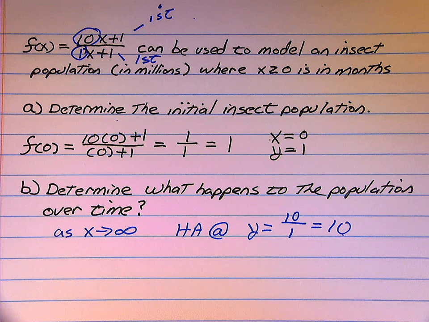This tells me that the graph has a horizontal asymptote at 10, which means my output is getting closer and closer to 10. This leads me to conclude that as x gets bigger and bigger, y is going to get closer and closer to 10. y is my insect population, which tells me that the insect population should be approaching 10 million.